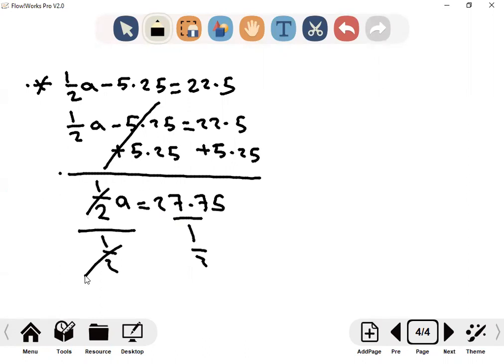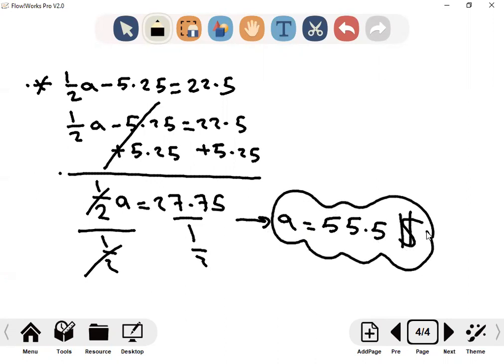This half is done. So A will be 55.5. Meaning originally he had how much? 55.5. Got it? This is question 13.